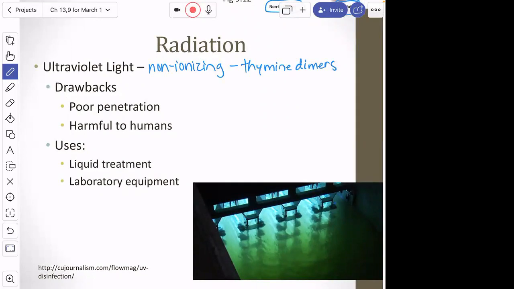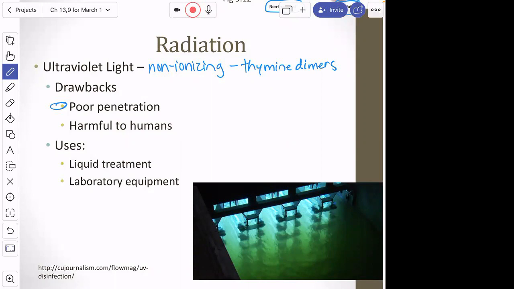Pyrimidine dimers, but most often happens with thymine due to the structure of that base. And I think I actually put a little diagram in your notes. Remember, this is what a thymine dimer looks like: two adjacent thymines bonded to each other.